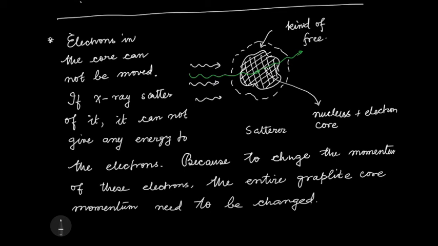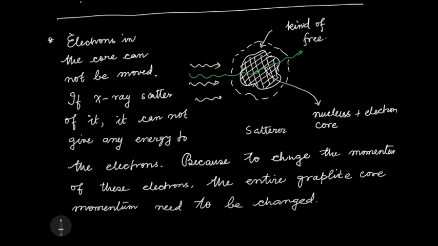Okay, so it is like you have one bead in a big ball. So you have a ball made up of many beads, and there is one bead which is kind of glued to the ball. If I want to move that small bead, I have to move the entire ball. So if I want to change the momentum of that, I need to impart a huge amount of force on it.